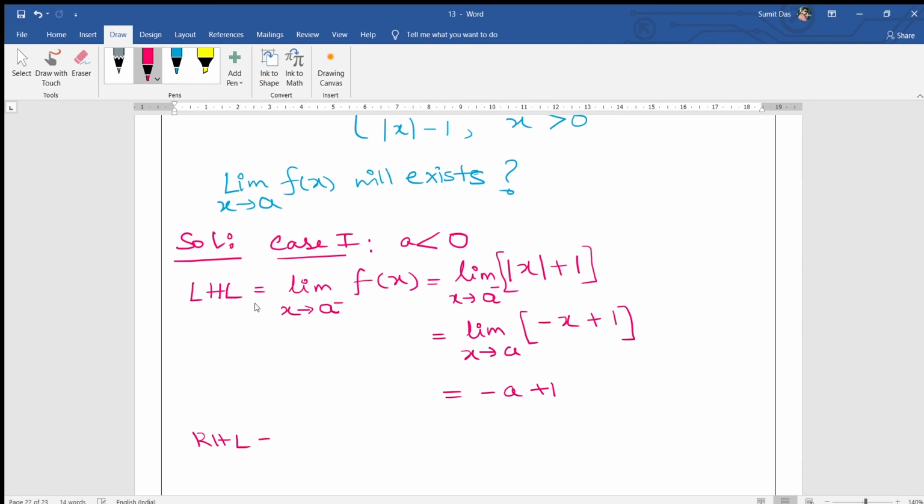Now the right hand limit equals limit x tends to a plus of f(x). Now tell me which f(x) will we use? We have to find the right hand limit, x tends to a plus, which function will we use: first, second, or third?